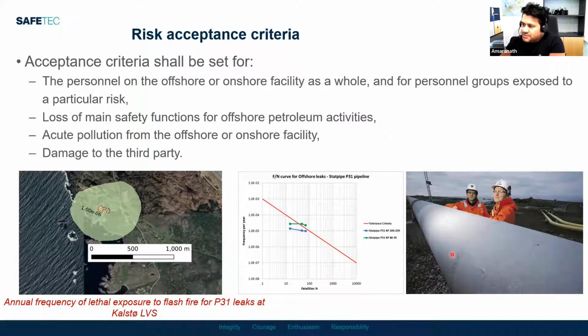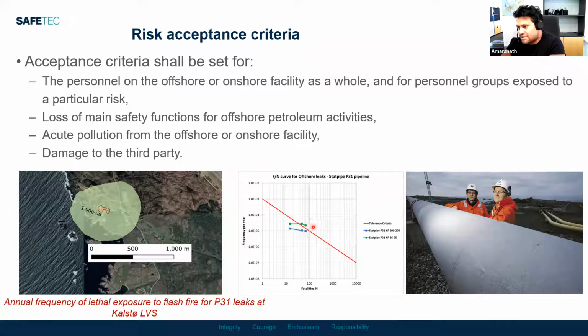This gas pipeline goes through the sea, and there are also some sections where it has some third-party exposure. So we need to perform a risk analysis and compare the risk levels against the risk acceptance criteria, as you have indicated in this figure in red color.